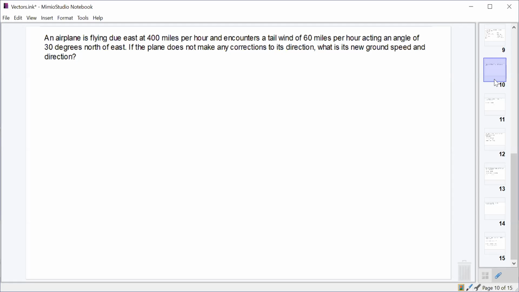What is this problem basically asking us to do? What do we want to know about the plane? We want to know how fast it's going, right? And we want to know what direction it's moving in. So those things are both found using what vector?